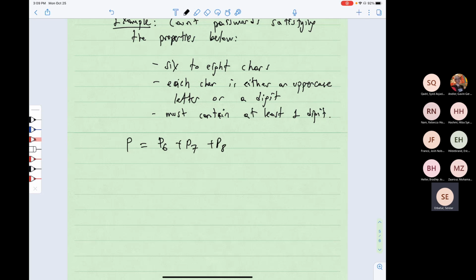So the password that you can pick can be from here, here, or here. So there are this many different passwords available. We didn't yet figure out what these are. We will do this by using the product rule.